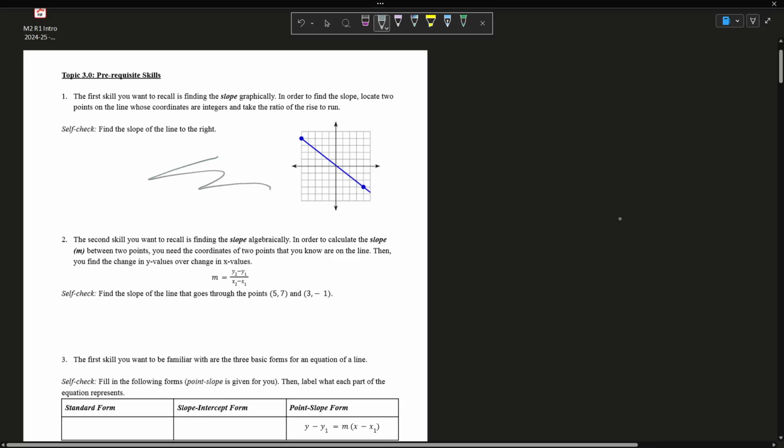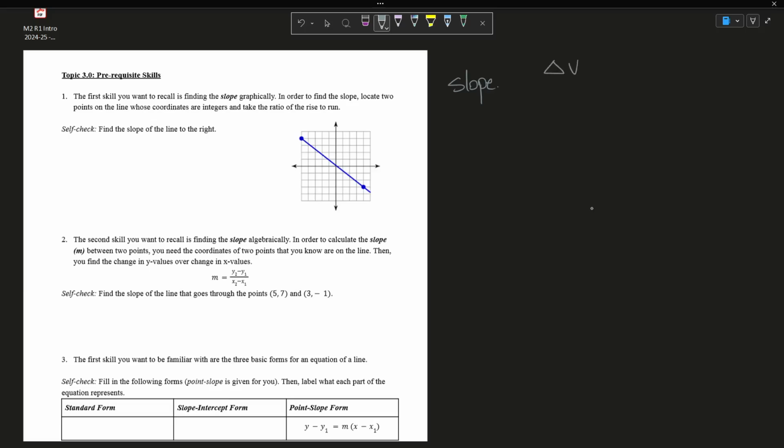Okay. So to find a slope, we can also look down below. We can find a slope algebraically and graphically, where slope is the change in y over the change in x.